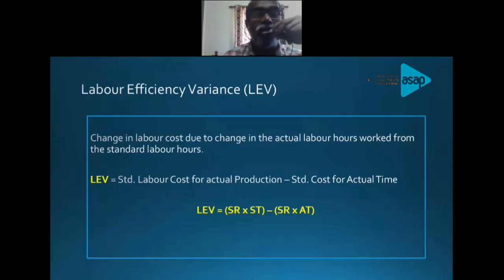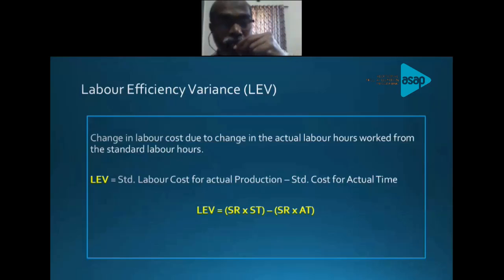Always remember, here standard time means standard time for actual production. Okay, clear? I hope you have this equation with you at present. Labor efficiency variance is standard labor cost for actual production reduced by standard cost for actual time, or standard rate into standard time minus standard rate into actual time.